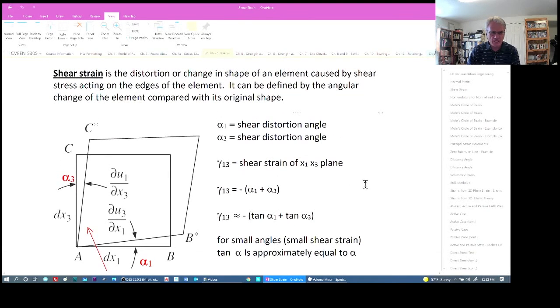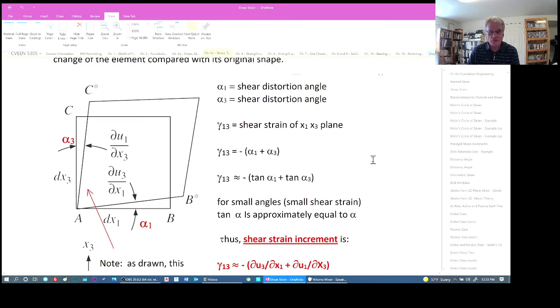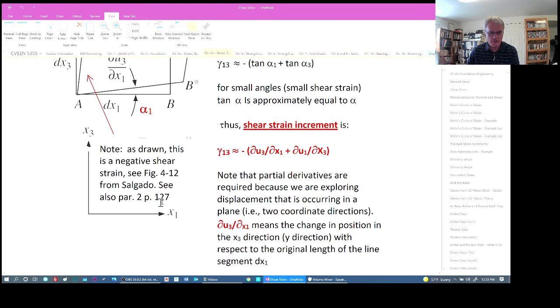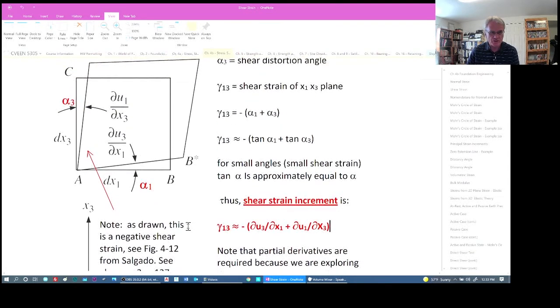Angle alpha 1 is a shear or distortion angle, alpha 3 is a shear distortion angle also, and gamma 1,3 is the shear strain of the x1, x3 plane. Notice this is the x1, x3 plane because we have x3 and x1 shown in the coordinate system.